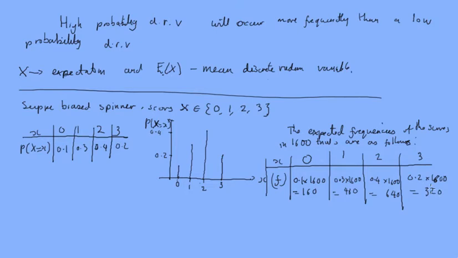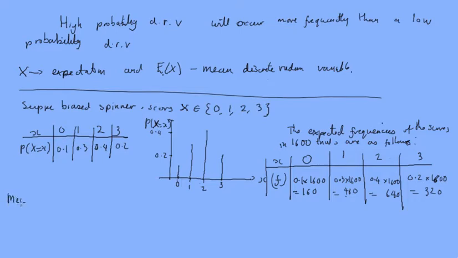So what this means is, if we spin the spinner 1600 times, given the probability distribution, we'd expect to have a 0 160 times, we'd expect to have 1 480 times, 2 640 times, and we'd expect 3 to be 320 times. Now, remember we said the mean is the same as the expectation.